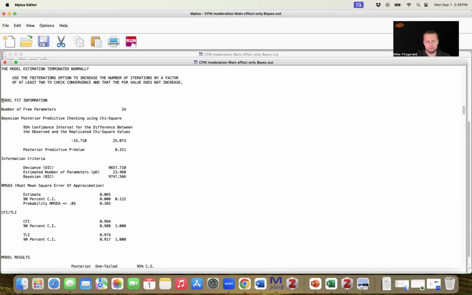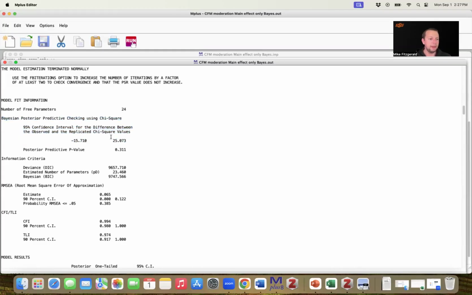I think Asparouhov and Muthén have an article in 2021, and then there's another researcher in 2022 who talks about the application of our traditional fit indices, CFI, TLI, RMSEA, to Bayesian structural equation modeling. But initially, Bayesian SEM did not use these traditional ways of evaluating model data fit. Instead, they used the posterior predictive p-value.